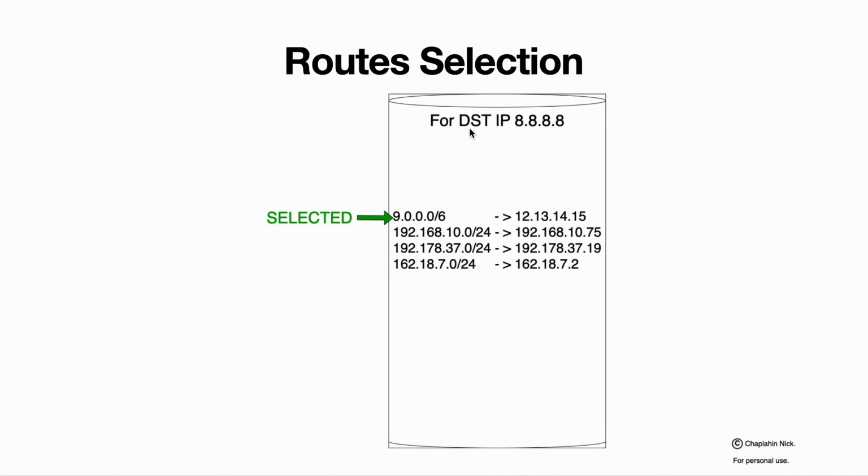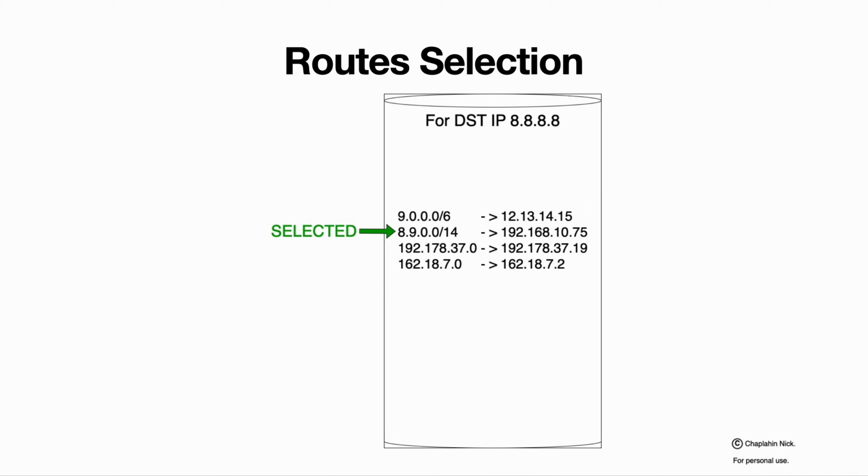But if we have an IP and subnet that are matching, and this is the only entry, we're using this entry, no big deal. When we have two potential entries, or even three potential entries, then we select the entry with the longest mask, subnet mask.